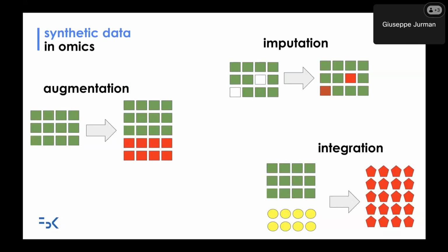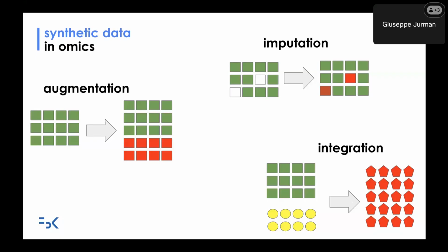So in general, what are the uses of synthetic data for omics? We can use synthetic data in omics projects for model augmentation. So we can construct a number of synthetic data starting from a small number of real data to augment the training data needed for our model, for instance a deep learning model, to be more reliable and more effective.